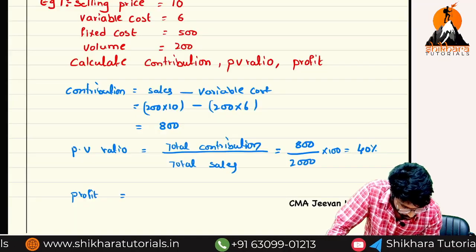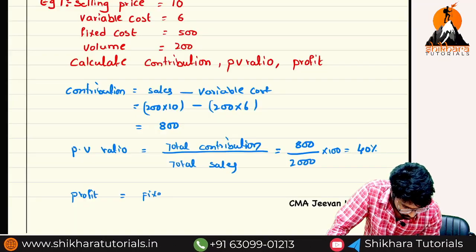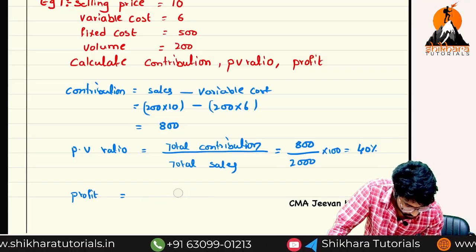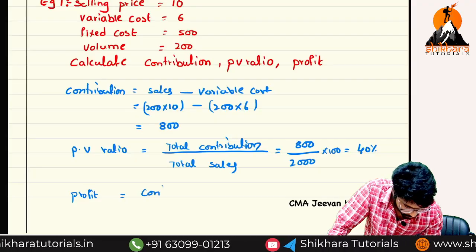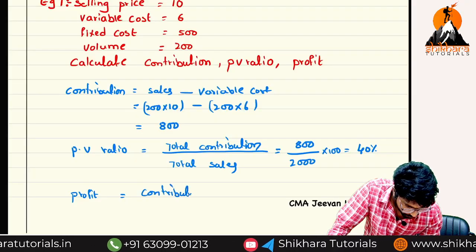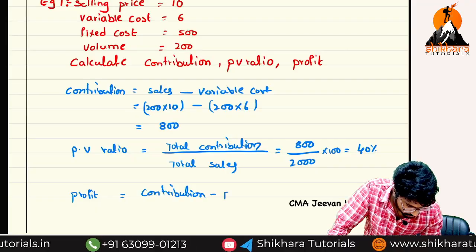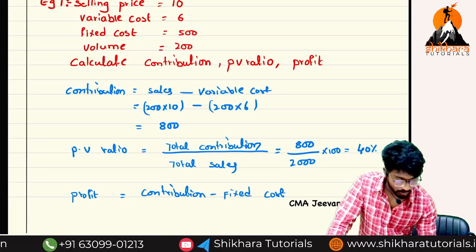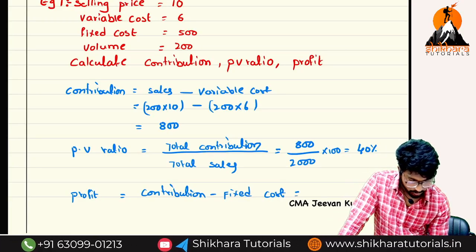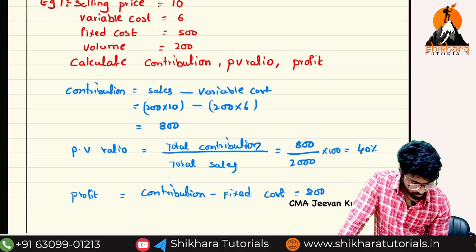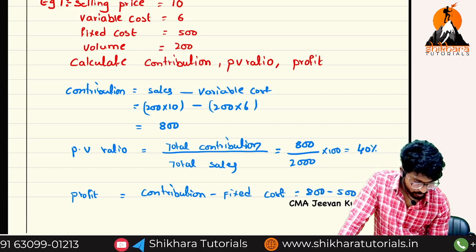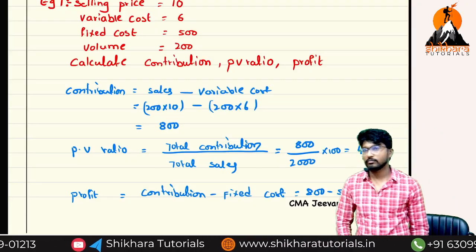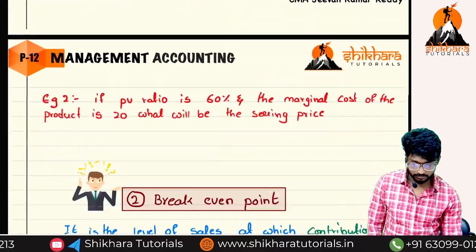Profit is equal to contribution minus fixed cost, that comes to how much? 800 minus 500, our profit is 300. That is our profit. Next.